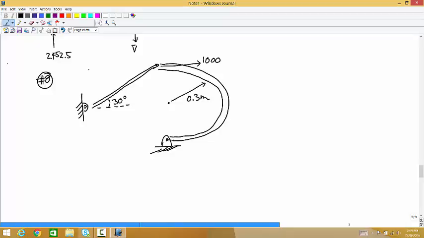The straight member has a length of 0.4. And then it gives cross-sectional stuff. But the first thing you have to do is calculate those external loads.